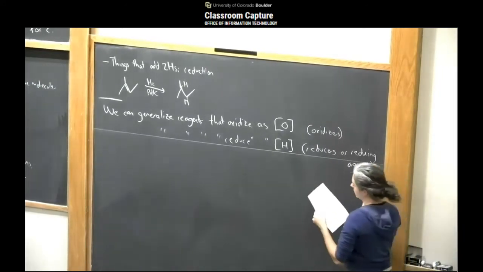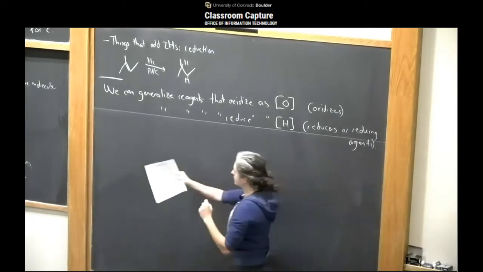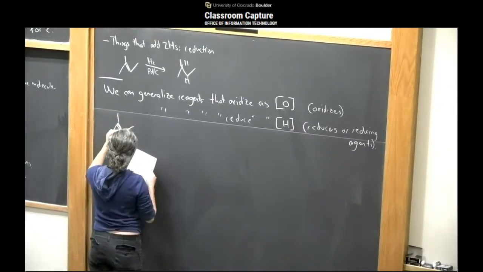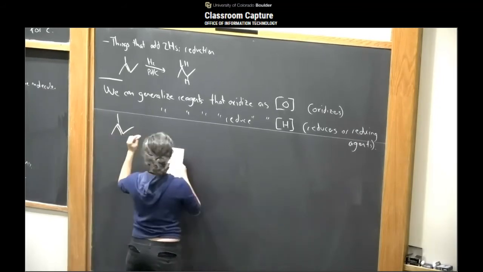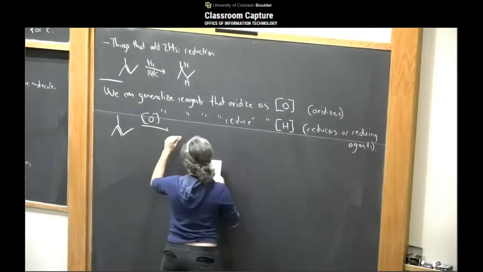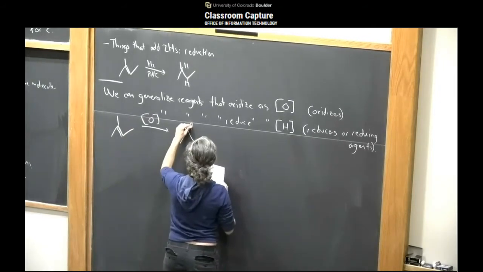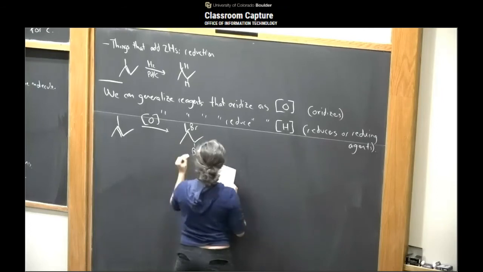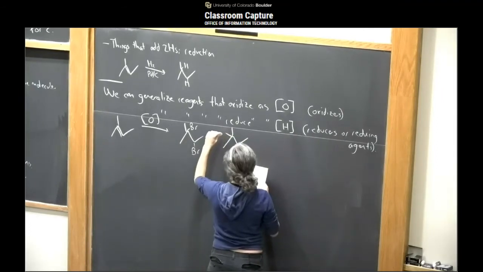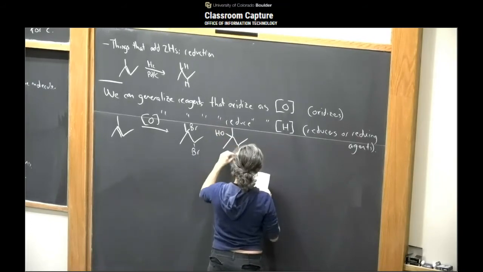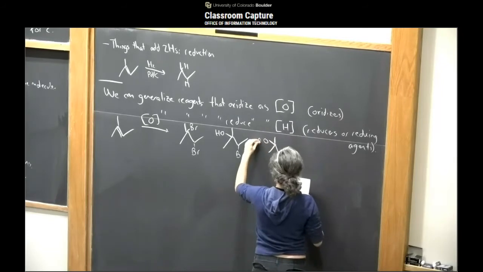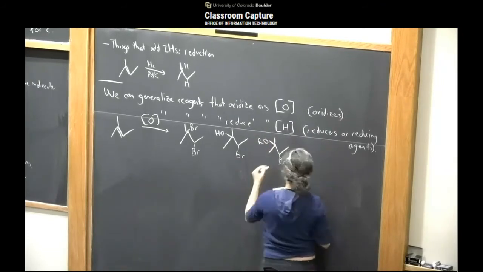Okay. So you could take this same alkene that we're working with right now and say, okay, square brackets O could give me a number of different things, all of which are in the same oxidation level. So I could get two BRs, I could get an OH and a BR, could get like a halo ether.